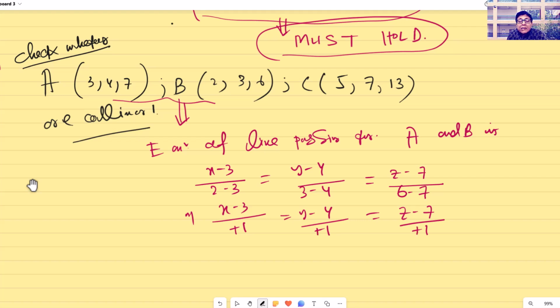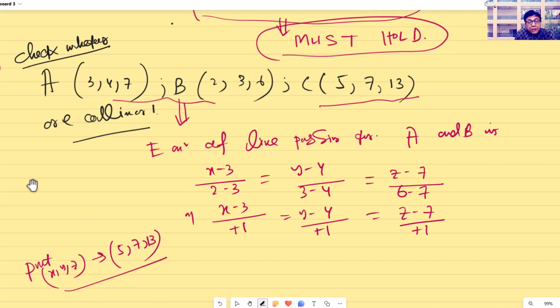Now, this ratio will be satisfied by (5, 7, 13) or not. We put, you replace x, y, z by 5, 7, 13.